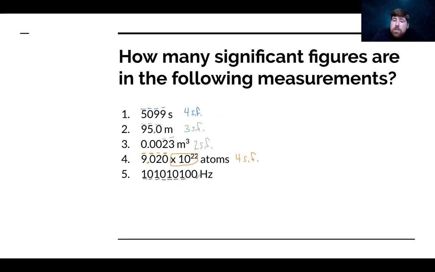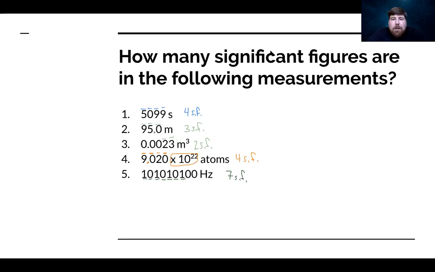The zeros to the right of the last one are trailing zeros. And remember, trailing zeros are only significant if a decimal is present. Since no decimal point has been drawn, those last 2 zeros are not significant. So this last number has 1, 2, 3, 4, 5, 6, 7 significant figures.